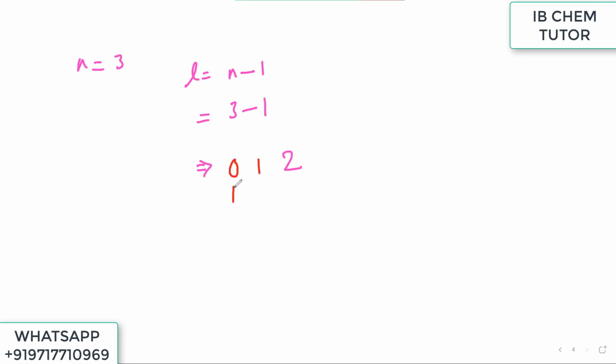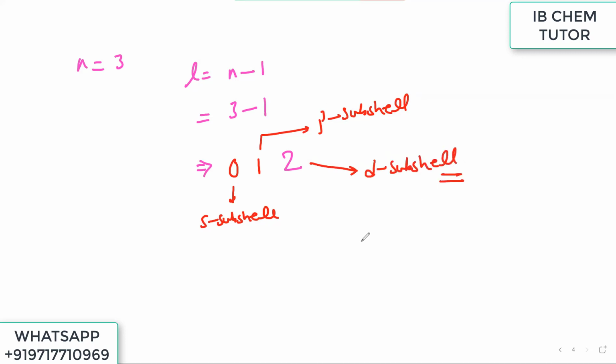So 0 stands for S subshell, 1 stands for P subshell, and this 2 stands for D subshell, right? So you will say that M shell or M orbit has S subshell, P subshell, and D subshell as well, right? So these are the subshells present in the M shell.